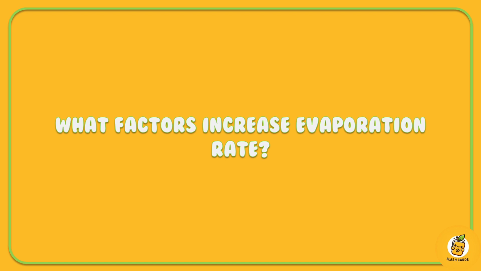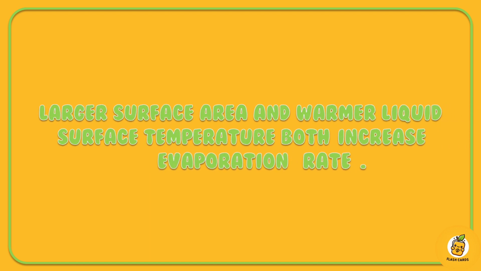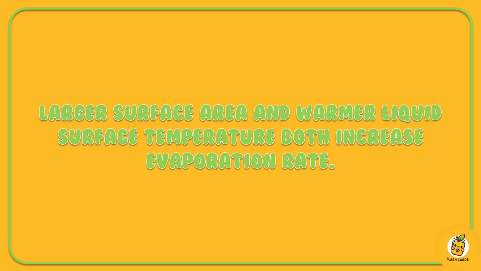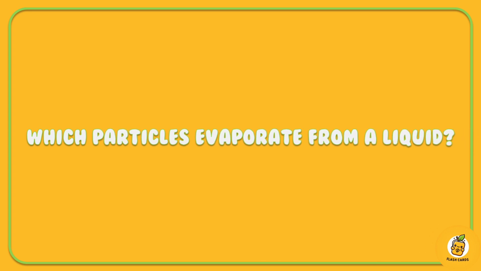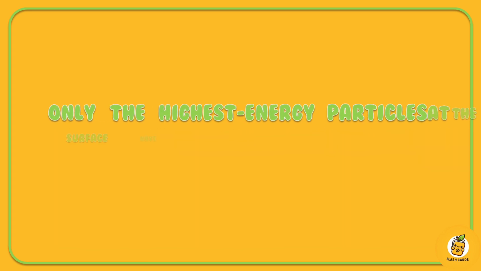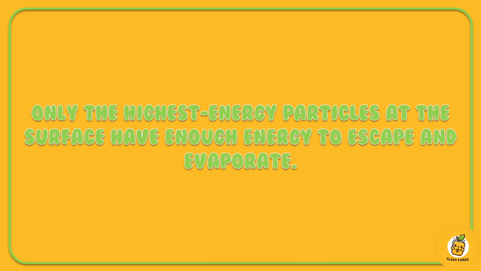What factors increase evaporation rate? Larger surface area and warmer liquid surface temperature both increase evaporation rate. Which particles evaporate from a liquid? Only the highest energy particles at the surface have enough energy to escape and evaporate.